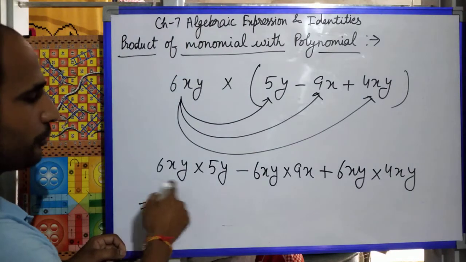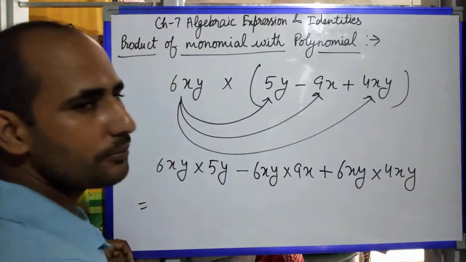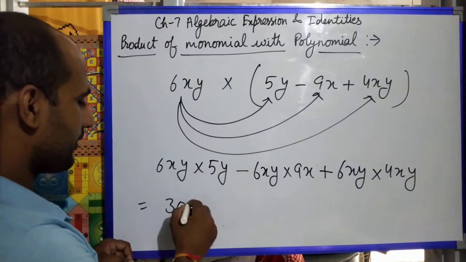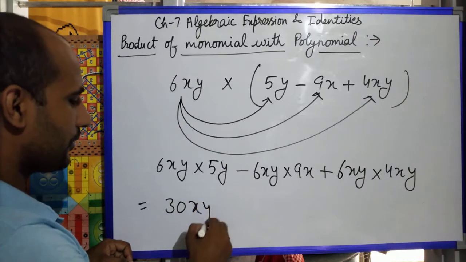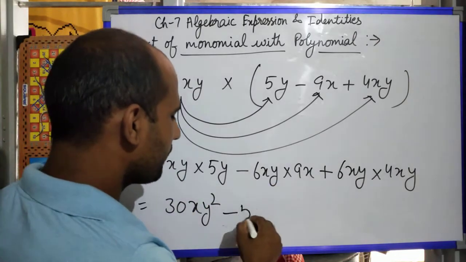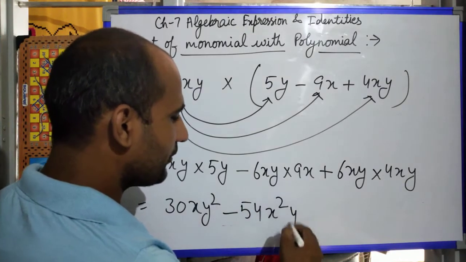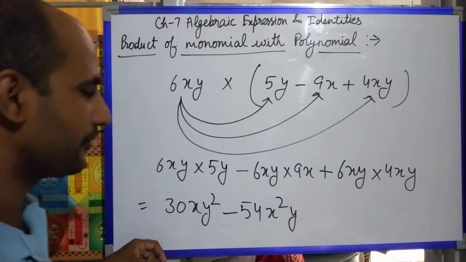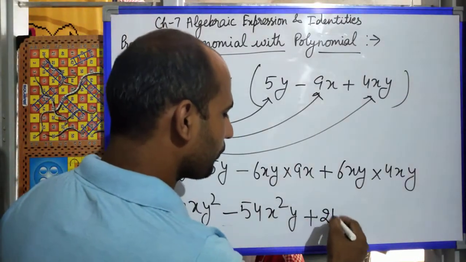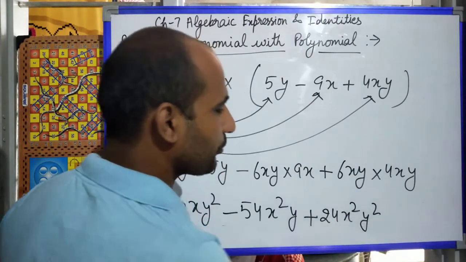Now this is monomial multiplied by monomial each time. 6 5s are 30, x as it is, y into y square, minus 9 6s are 54, x into x square, y is just 1, so it is y raised to power 1 or just y, plus 6 4s are 24, x into x square, y into y square.